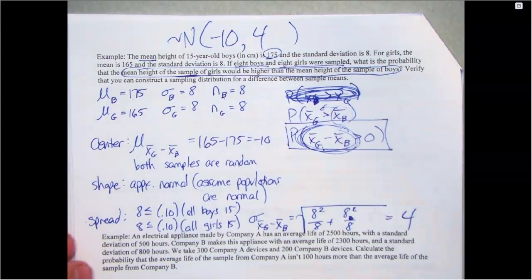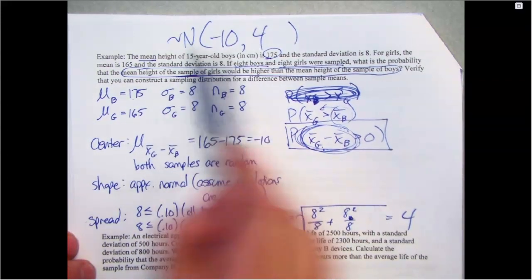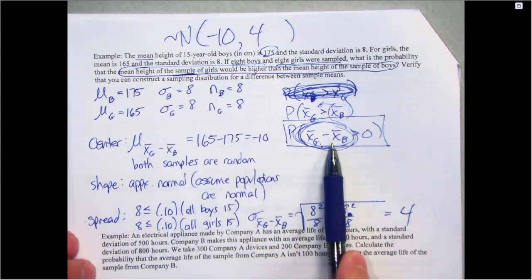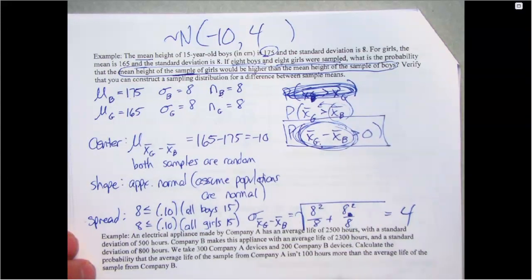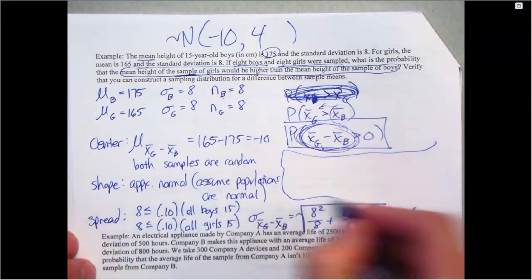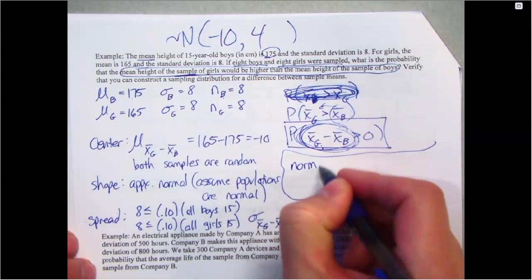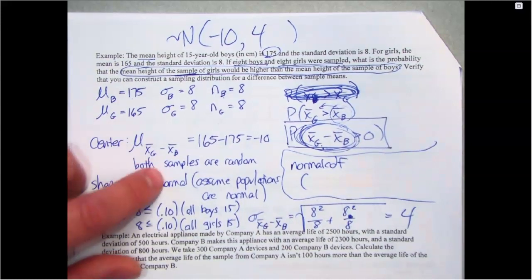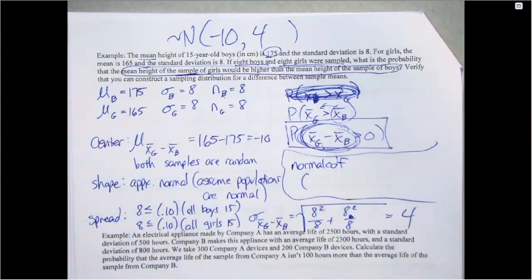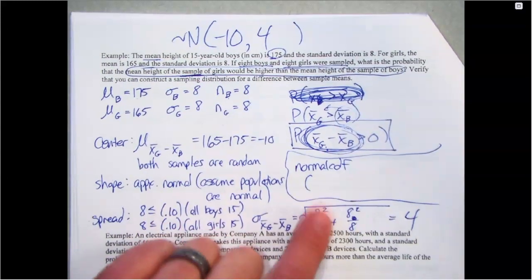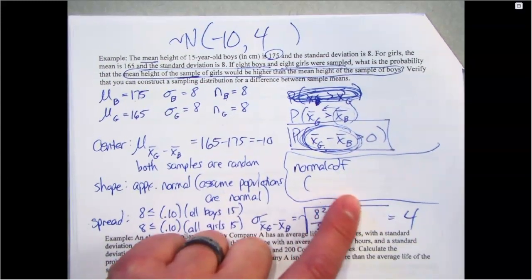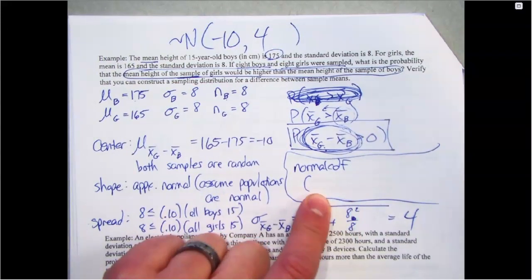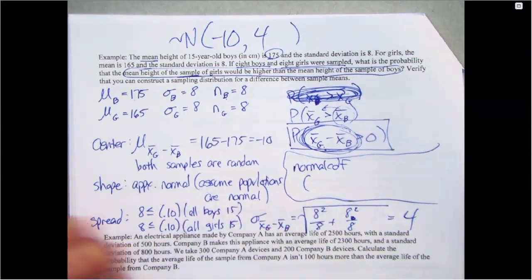And now I want to know the probability that this distribution comes out greater than 0. That's going to be normal CDF. I know it's normal because I showed over here the population is normal. Yeah, I kind of cheated, but that's okay. I want it to be greater than 0, so I'm going from 0 to 9999.